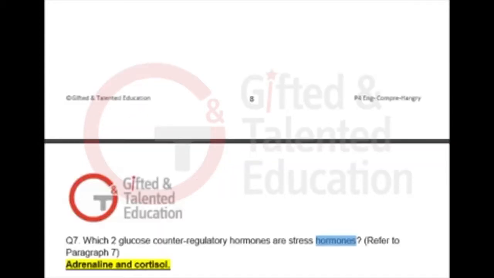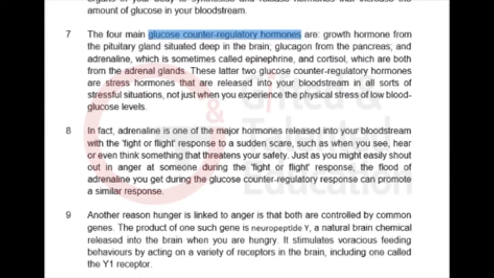But to answer the question, it says which two of these hormones are also stress hormones. Let's look carefully. There you go. These latter two glucose counter-regulatory hormones are stress hormones released into your bloodstream when you're faced with a stressful situation. There you go.